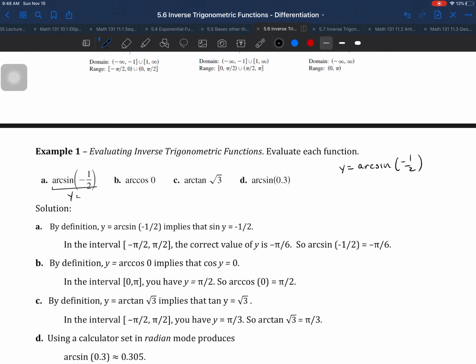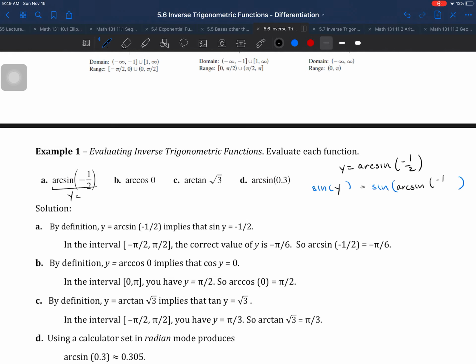From here, you want to undo the arcsine and have everything in terms of sine. So I'm going to take the sine on both sides of the equation.